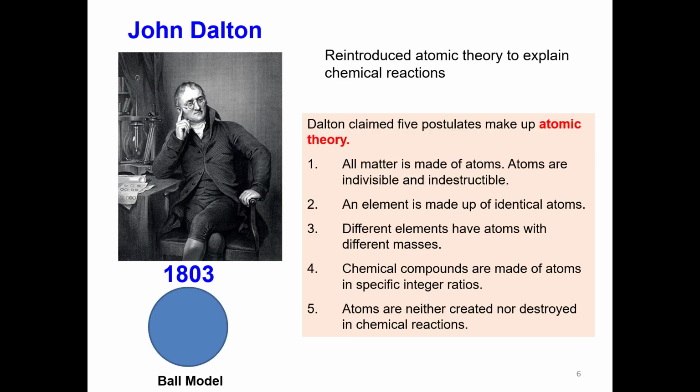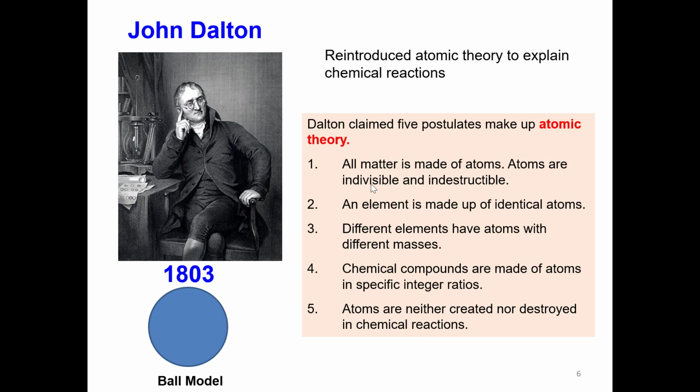Then in 1800, John Dalton, a chemist who was studying chemical reactions, introduced atomic theory to explain his results. He claimed 5 postulates that make up the atomic theory.